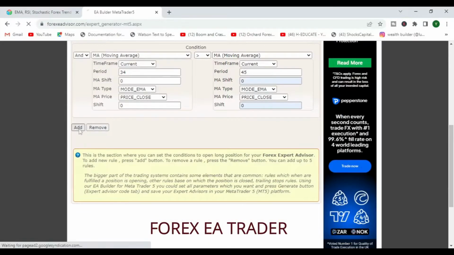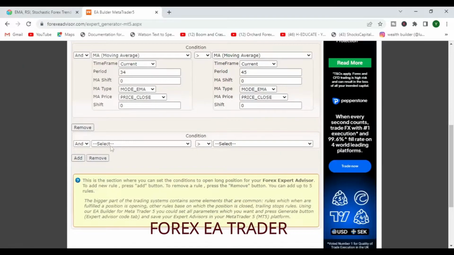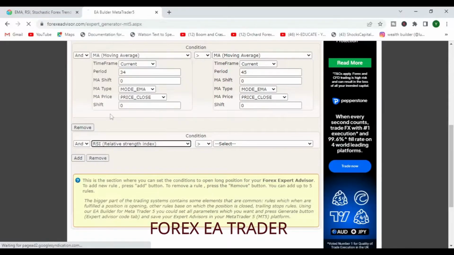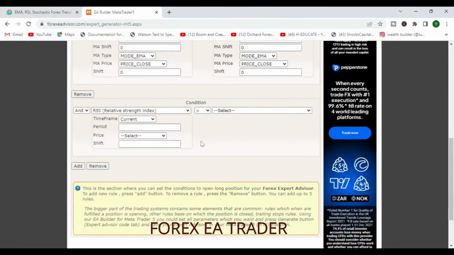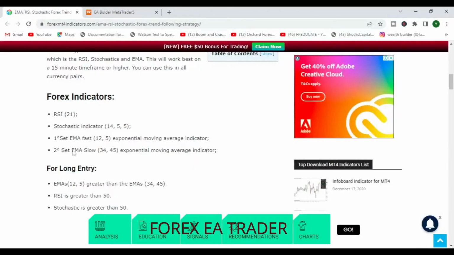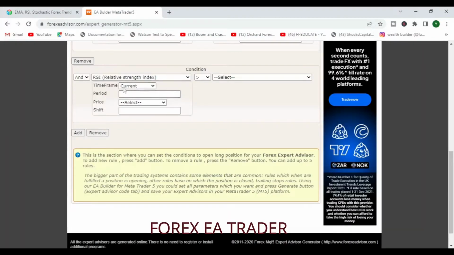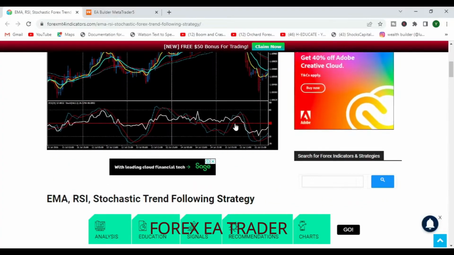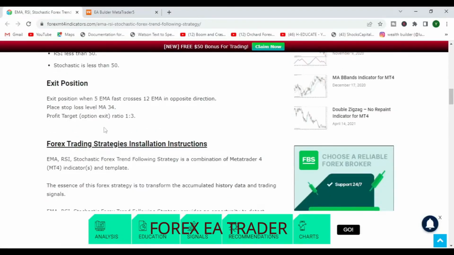Then RSI, where is my RSI? RSI needs to be, what RSI value is he using? RSI 21. Price we are going to use close. Shift we are going to use 0. It needs to be above the 50 line.